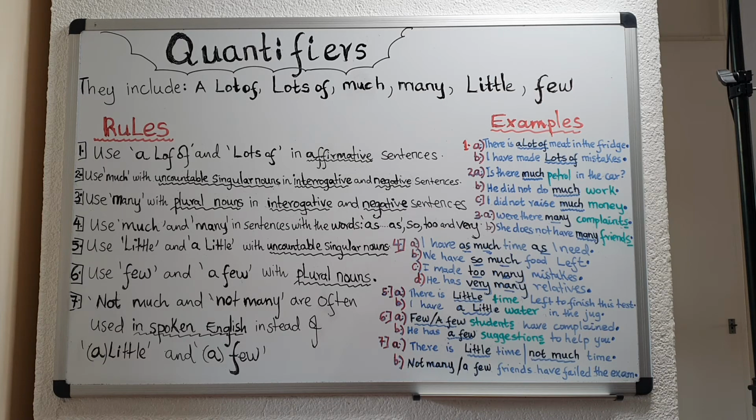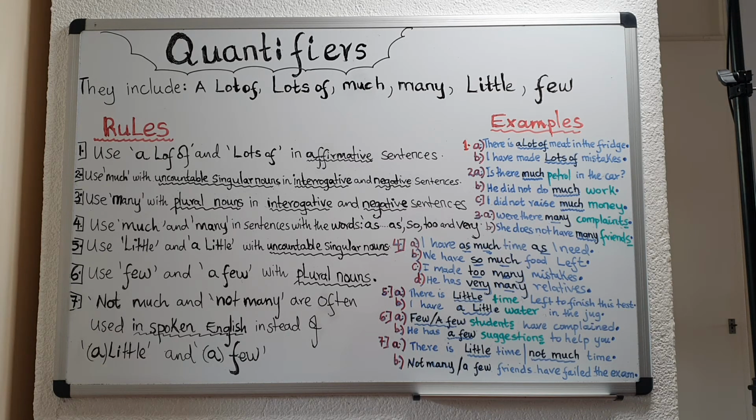Okay, now remember, in the first two examples, I have as much time as I need, and we have so much food left. In that case, both of the nouns are uncountable. Okay, time, we never say times.